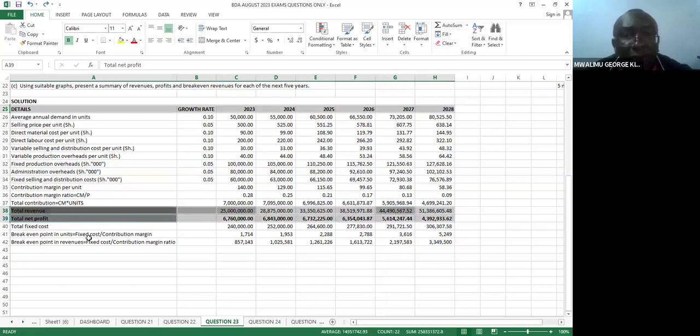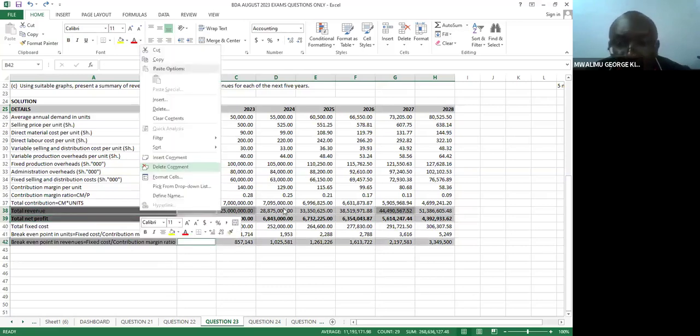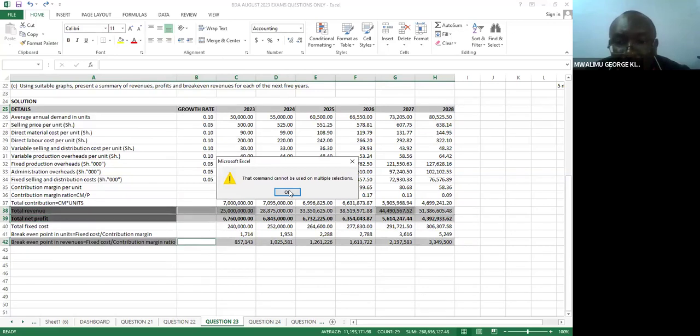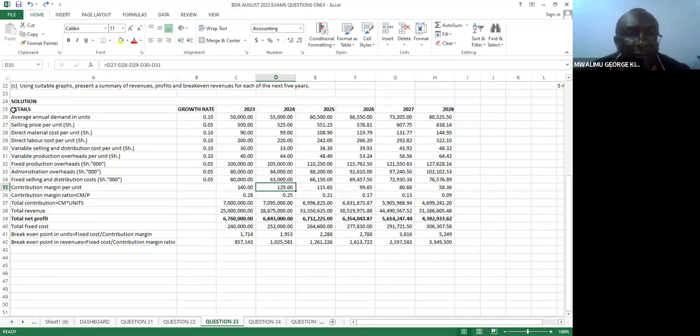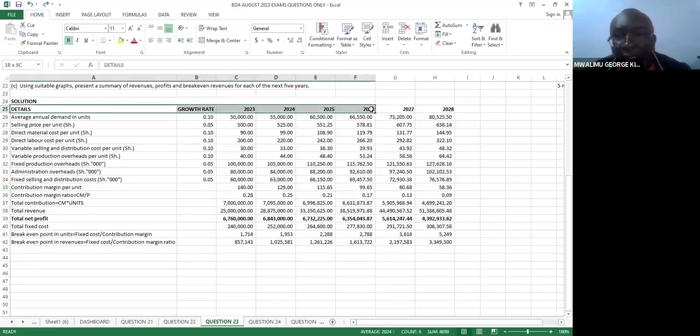What else? Break-even revenues. We come and pick this one also. Right click, copy. That cannot be used on multiple selections. Okay, so we have to do one at a time.